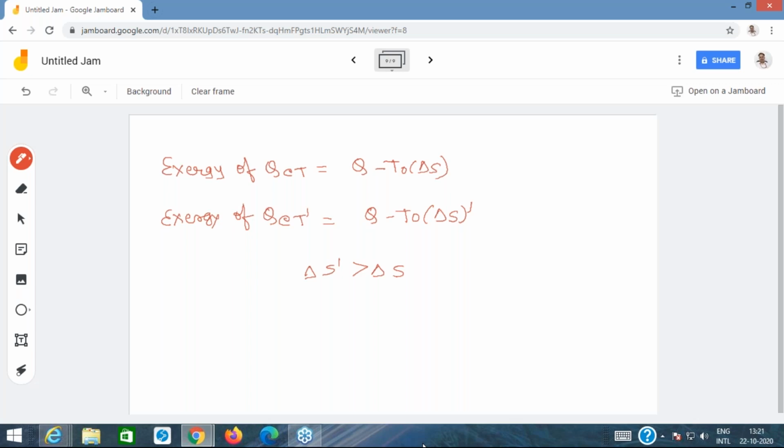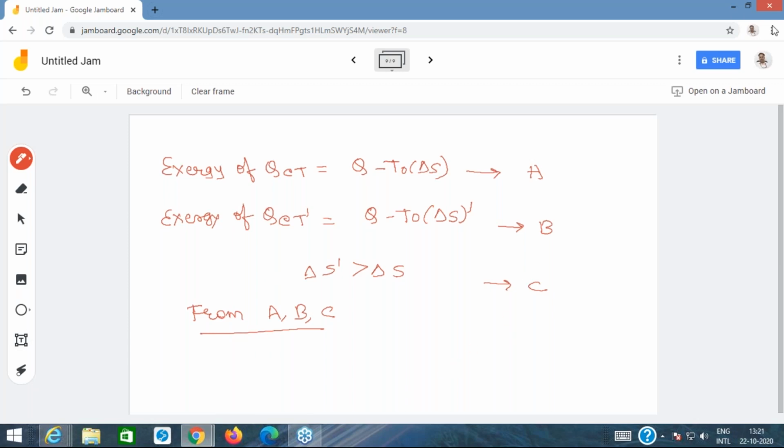So what do you conclude from equations A, B, and C? What do you conclude? Any answers?